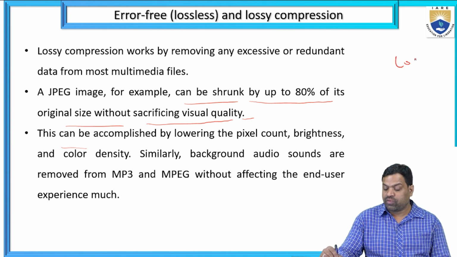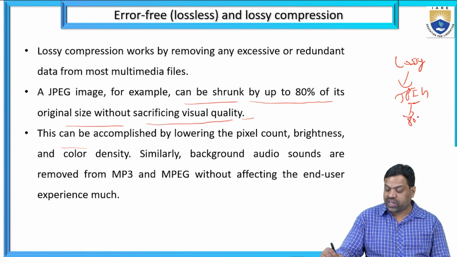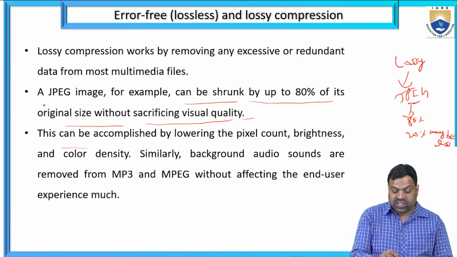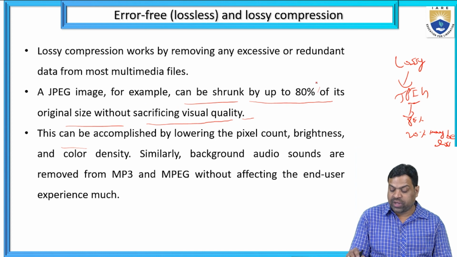When we are going for lossy compression, the best example is JPEG. So 80% of the data is available, and the chances are that 20% may be lost. This JPEG image can be shrunk by 80% of its original size without sacrificing visual quality.